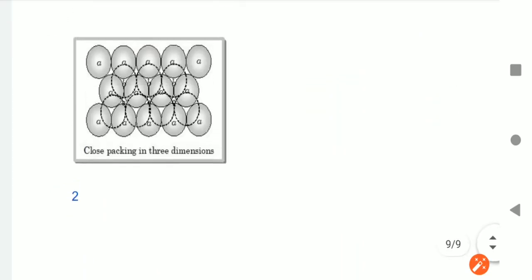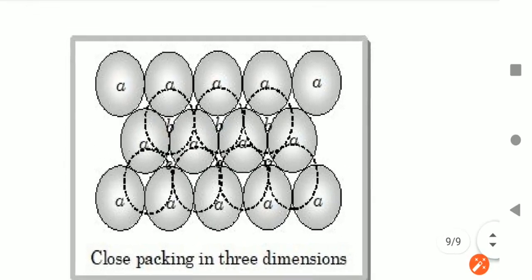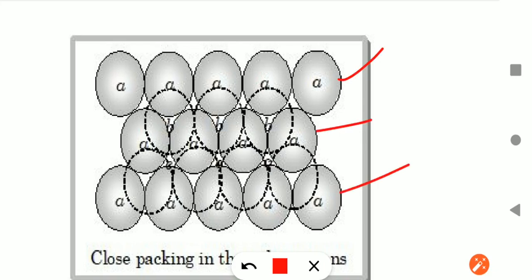Now observe this diagram. You will understand here carefully. This is layer A. I am considering layer A, and when I put layer B over layer A, there are two types of void.